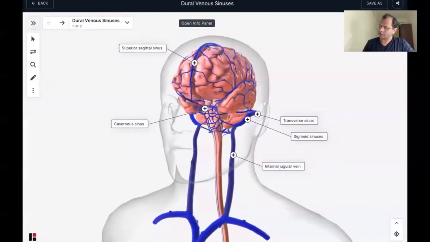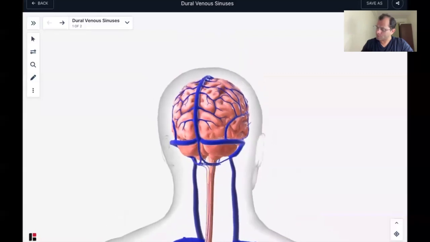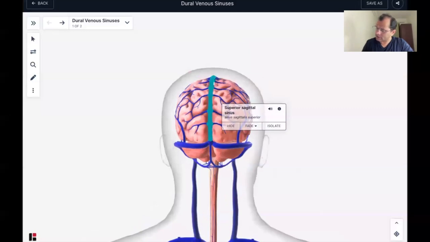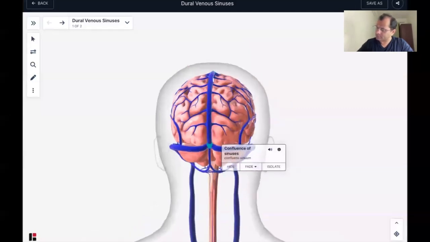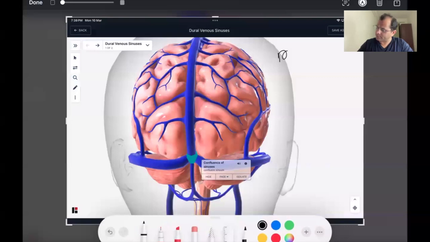In osteopathy, this is very important. Now we can see here, the superior sagittal sinus and the inferior sagittal sinus are coming to this point. This is called the meeting point of sinus.